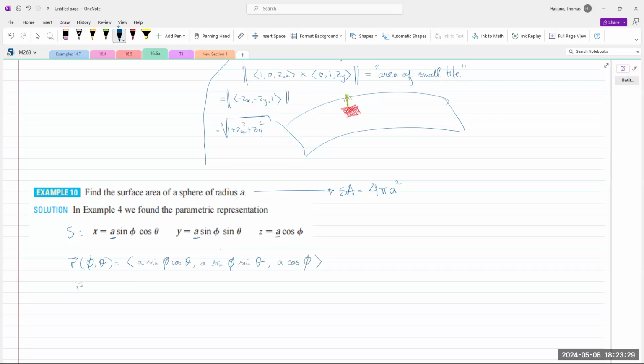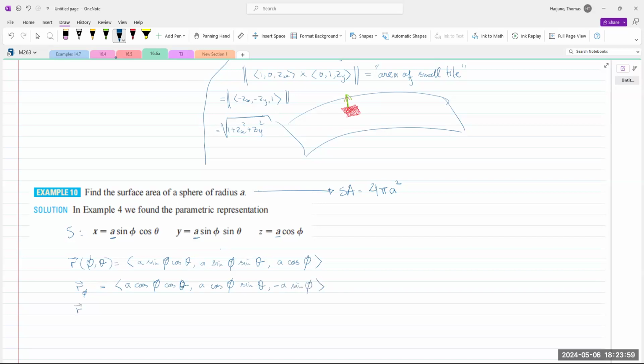So r sub phi will be a cosine phi cosine theta, a cosine phi sine theta, and negative a sine phi.